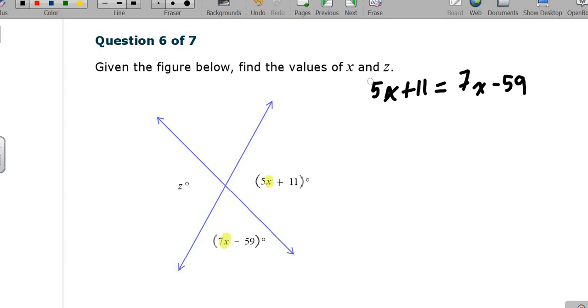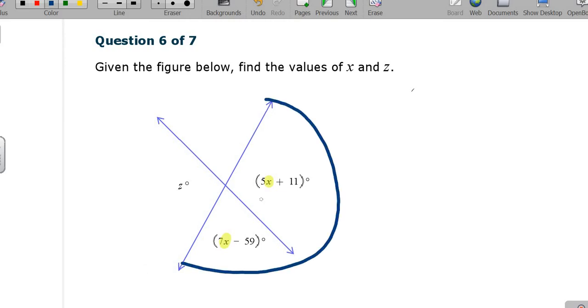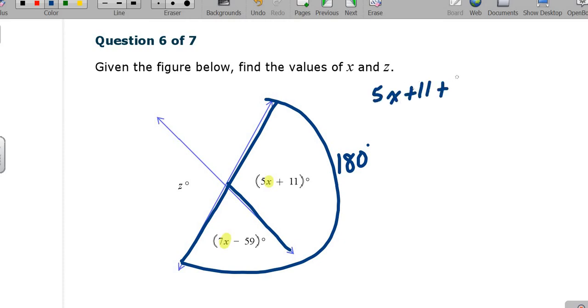That would be incorrect. If you were to physically trace these, two angles are not equal, but they do add up to 180. Linear pairs add up to 180. So this would be 5x plus 11 plus 7x minus 59 equals 180.